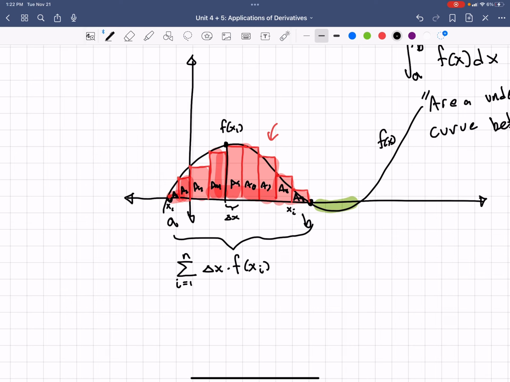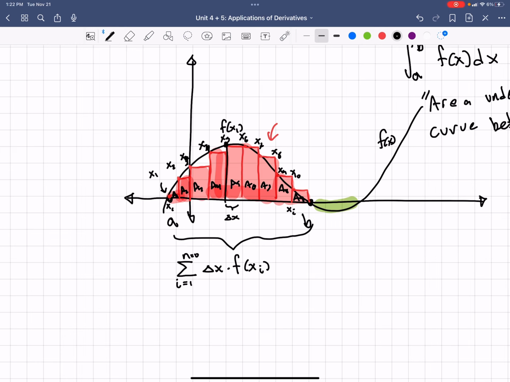So n represents which point you're ending at. This might look confusing, but this x value, that's x sub 1, that's x sub 2, that's x sub 3, 4, 5, 6, 7, 8, 9, 10, right? So instead of writing all of it right here we'll write n equals 10.